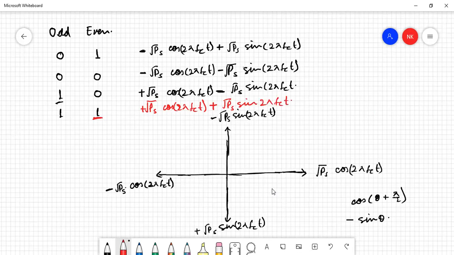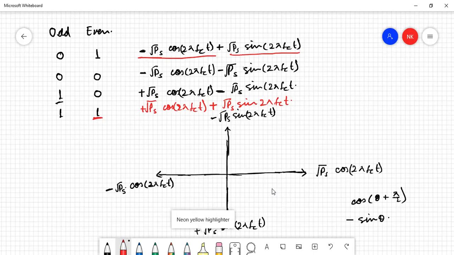So now how will we get these points on the diagram? So 0 1, where can we get the 0 1 value? You can see here that for the case of 0 1 we will have minus root under Ps cos 2 pi fct and plus root under Ps sine 2 pi fct.